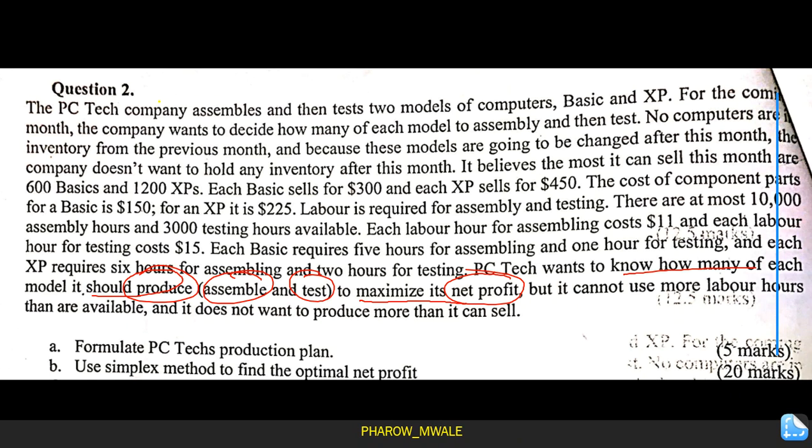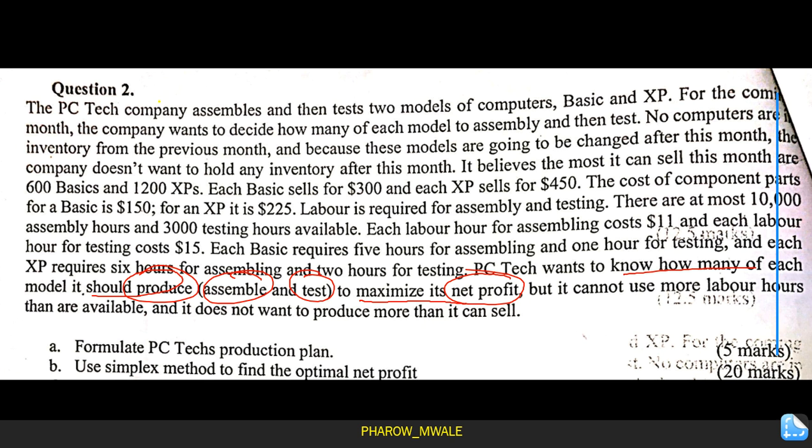No computers are in inventory from the previous month, and because these models are going to be changed after this month, the company doesn't want to hold any inventory after this month. It believes the most it can sell this month are 600 basic and 1200 XPs.